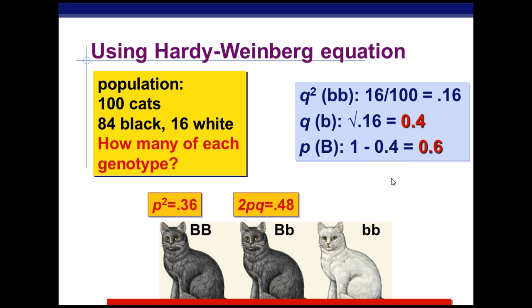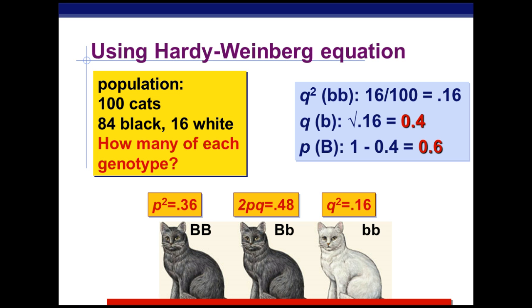So that's p times q times 2, which would equal 0.48. And q squared now would be 0.16. Right? 0.4 squared would be 0.16. Get those in your notes and make sure you understand how we got all three of those numbers.